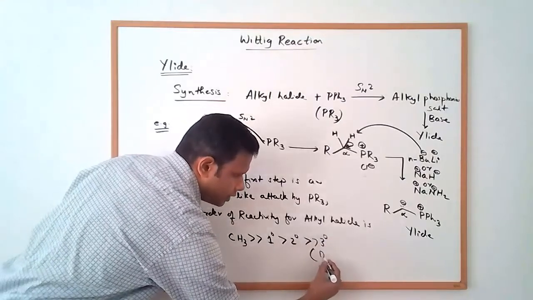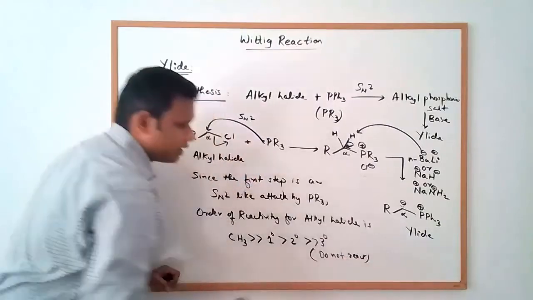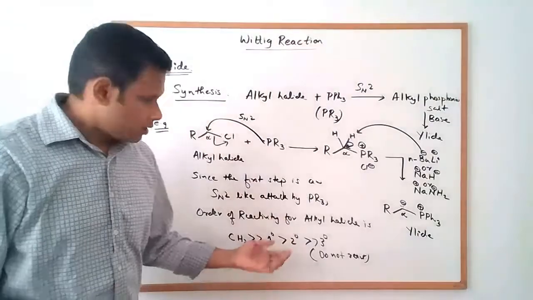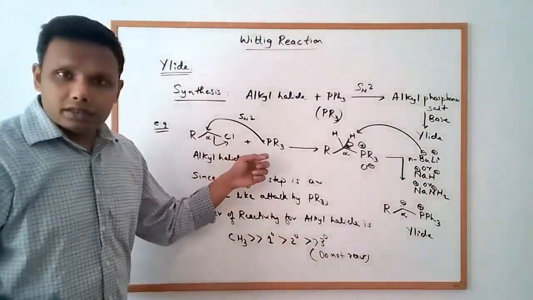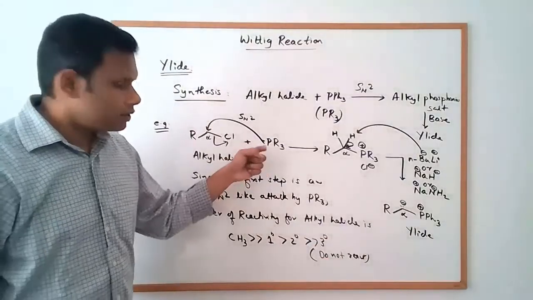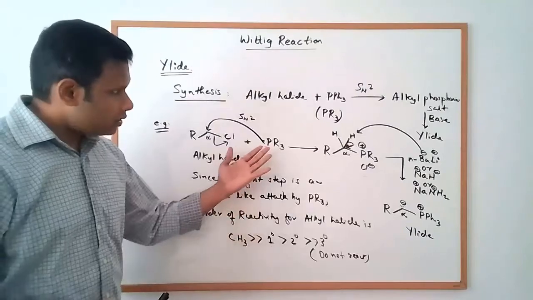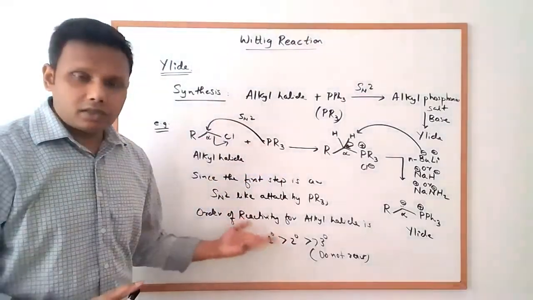And then tertiary do not react under these conditions. So you cannot make a ylid from a tertiary alkyl halide because it is not amenable to this first SN2-like attack. That's important to keep in mind. Everything that we know about an SN2 reaction really applies here again.